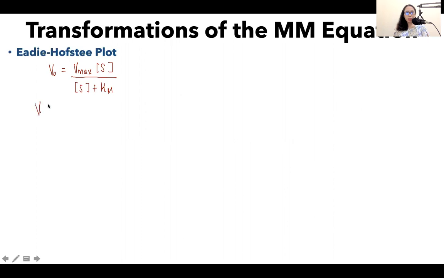So we have initial velocity times substrate concentration plus initial velocity times Km equals Vmax times substrate concentration.